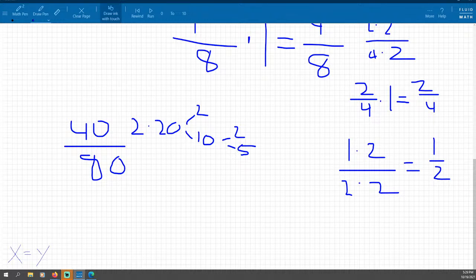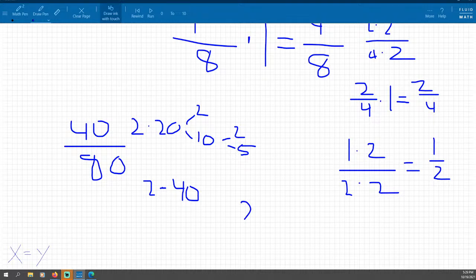And then 80 would be 2 times 40. And then 40 we know is 2, 2, 2, and 5. So we're just going to add an extra 2 on the bottom.